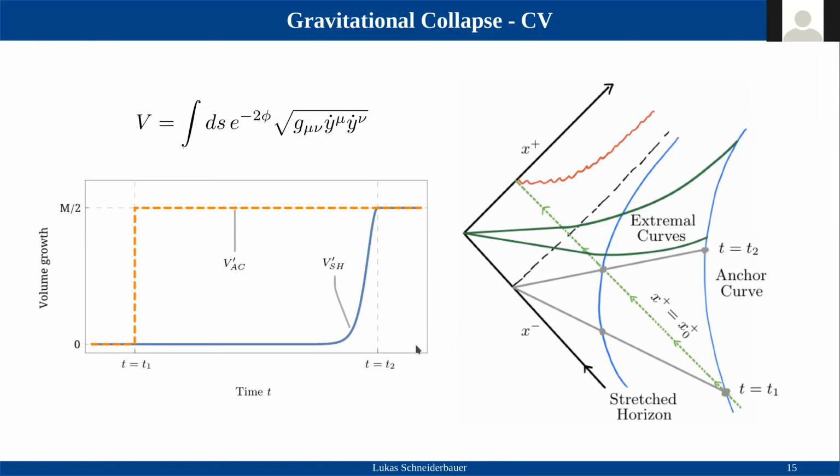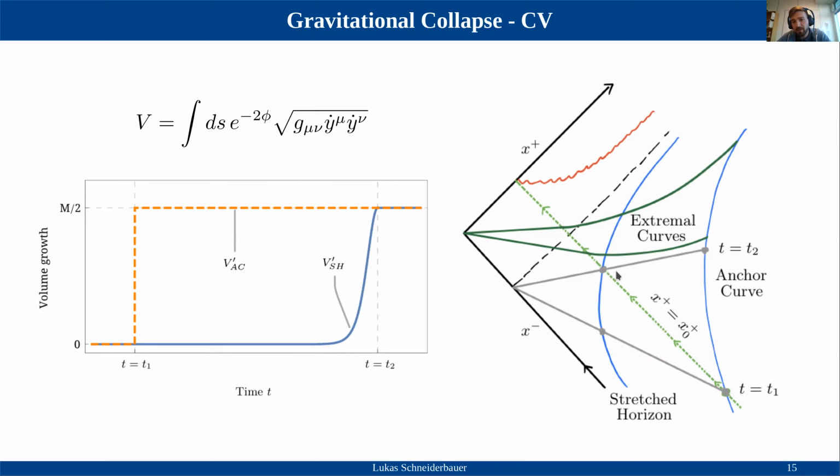Sorry, a question. Can you explain a bit more what's the significance of time? Maybe not the significance, but what's the precise definition of time t2? Yeah, t2 is when the stretched horizon actually... In this coordinate system, lines of constant time are straight lines.